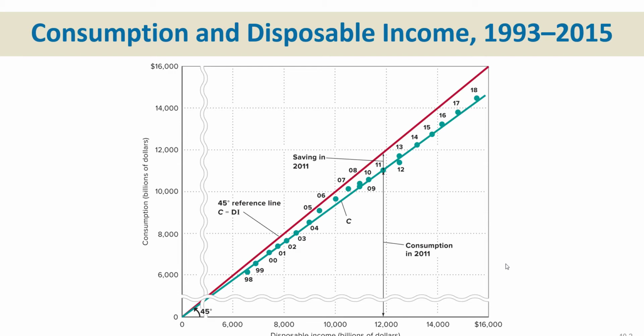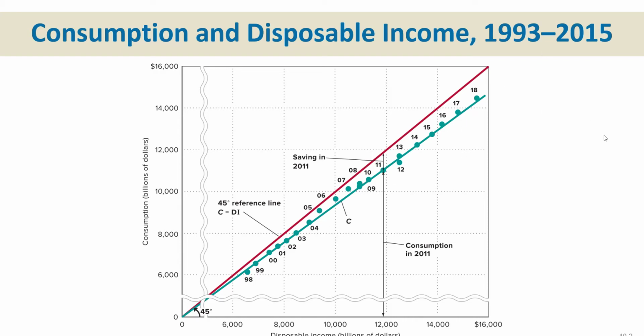Now, this graph might look confusing, but it's just summarizing what we just said. A positive relationship between consumption and income. That's why we have the disposable income being measured here, the consumption being measured here, and a positive relationship between the two shows an upward sloping line.